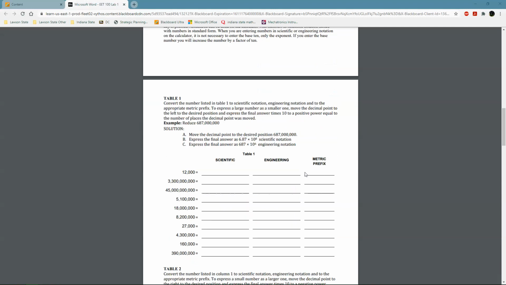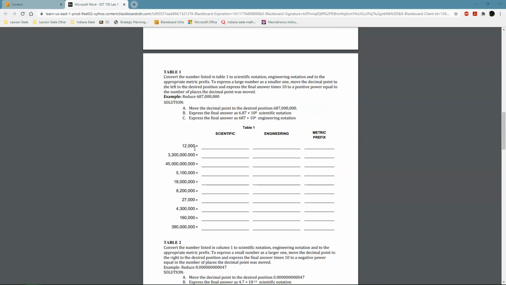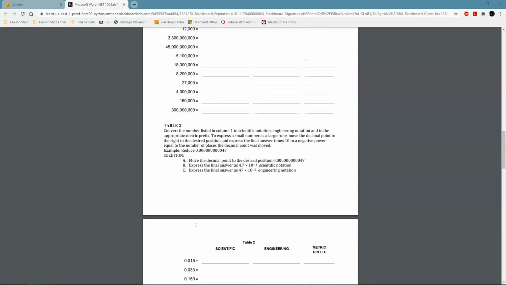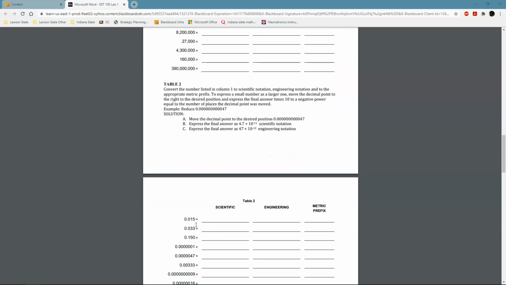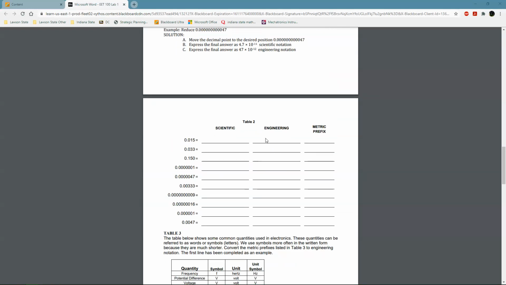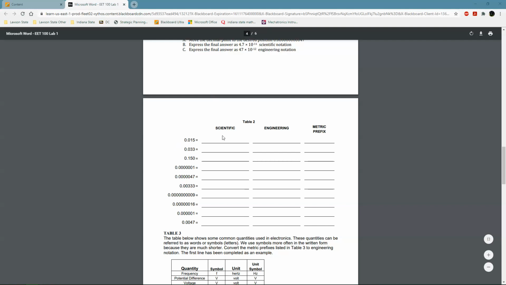So I'm looking for either 12 kilo or just the word kilo, a K, what have you. You would do that for all these problems. Okay. Table 2 is where you're dealing with the negative powers. Same thing as what you did up there, only you're dealing behind the decimal.